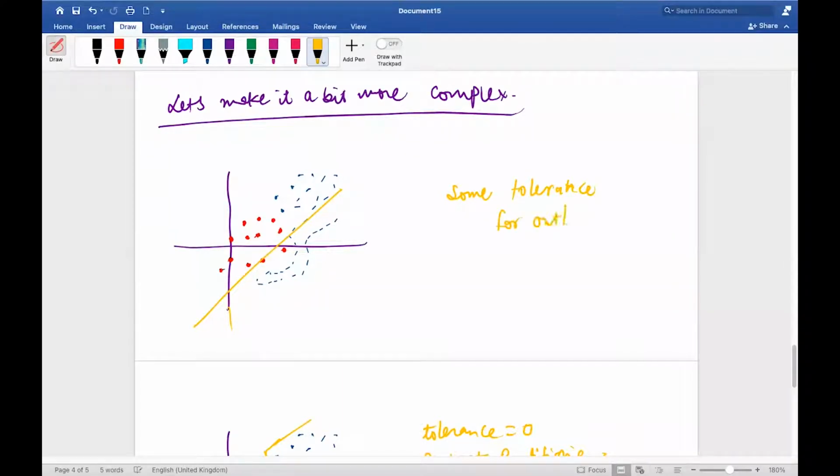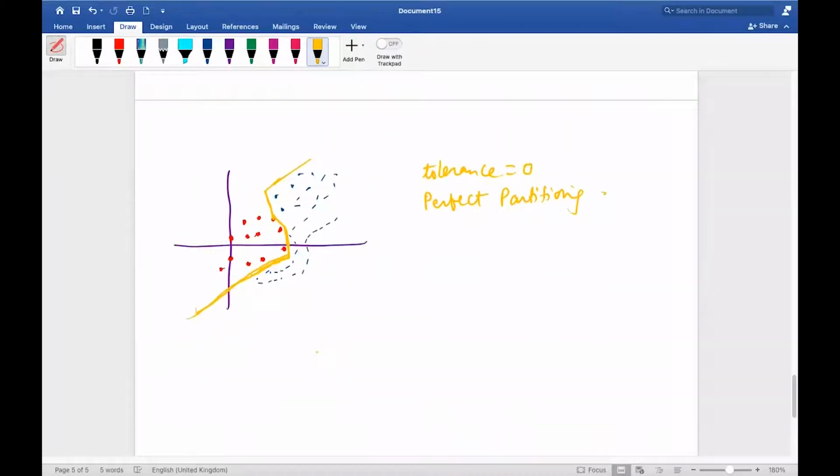Outliers. So I'm just naming it outlier. So some tolerance for outliers, and here the tolerance is 0. Both are correct at their own place. Obviously, this is overfitting, but still this is also a model, right? So you will always have to work on a trade-off. To regulate this, we have something called the regularization parameter.